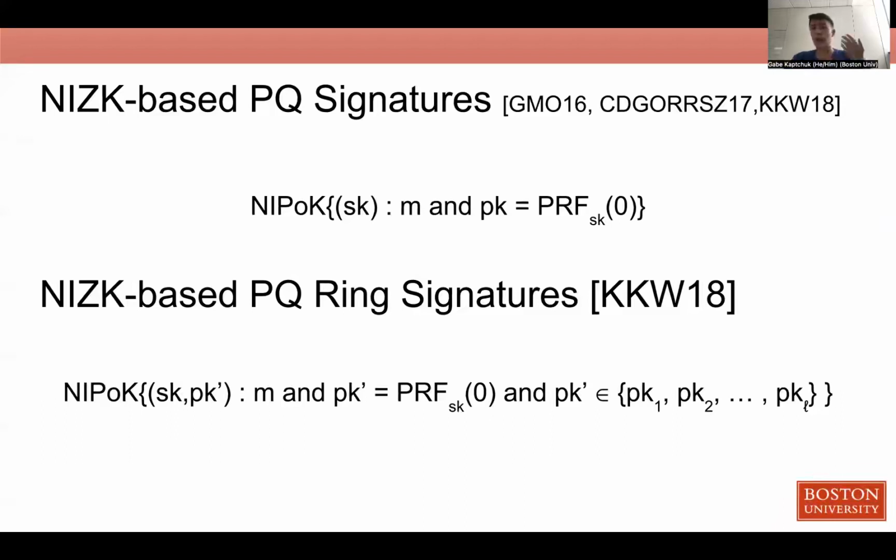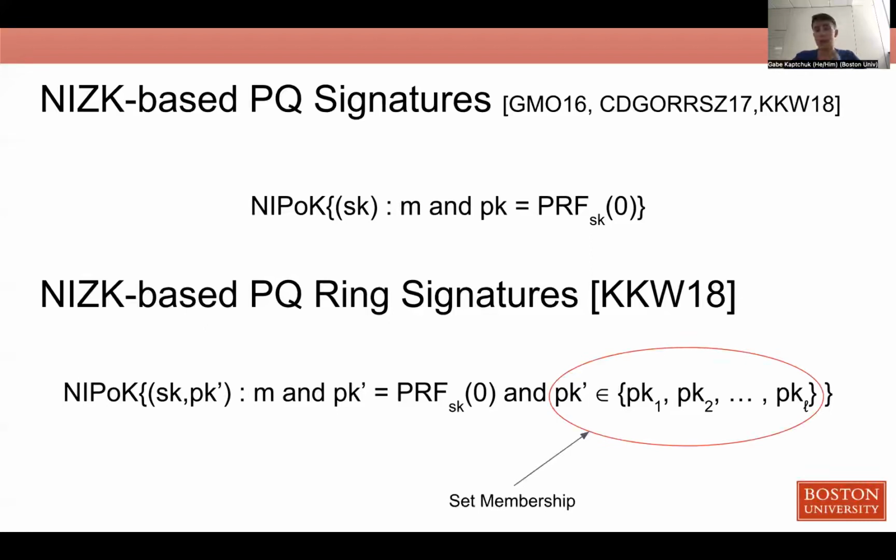Basically, it's a zero knowledge proof that the prover shows that they have a secret key, such that the PRF evaluated with that secret key at the point 0 equals some known public key. In order to bind the message M into the zero knowledge proof, it's put into the Fiat-Shamir during flattening. In order to get a ring signature version of this, KKW just showed that you could add a set membership to the zero knowledge statement.